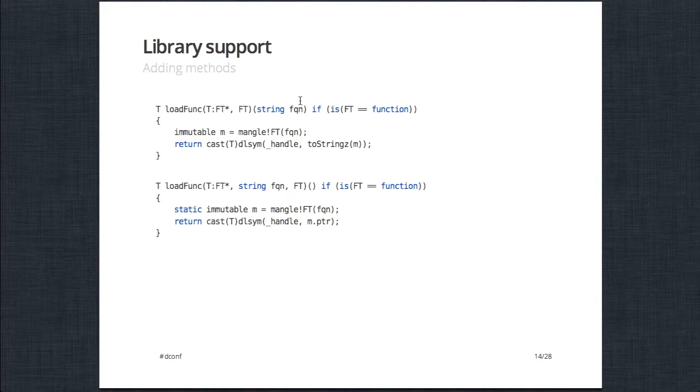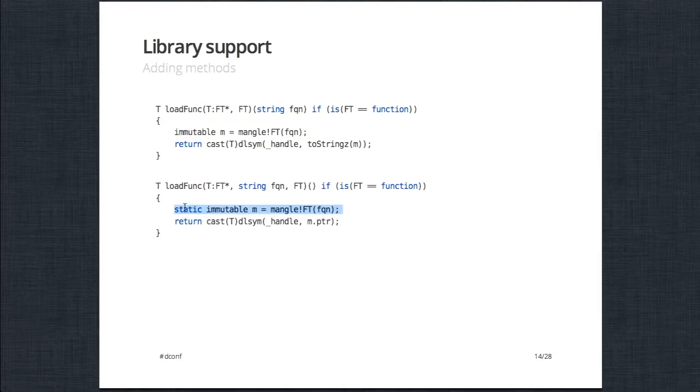You have to add some underscores and some numbers in it. It's not a very difficult task. Then you can use the mangled name to query the handle for that symbol, and you can cast that.